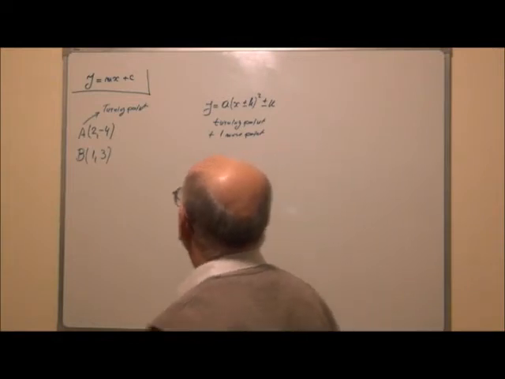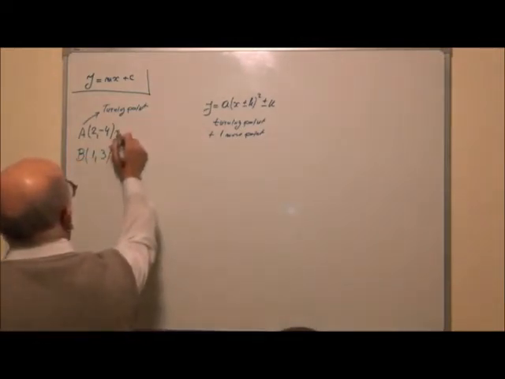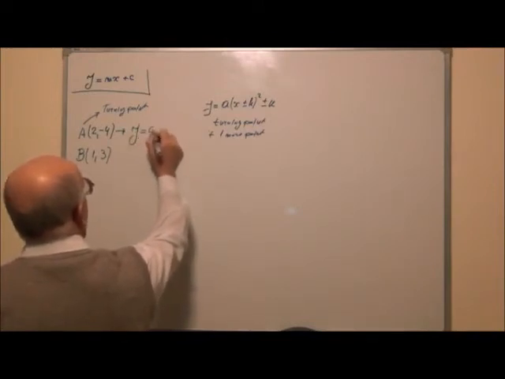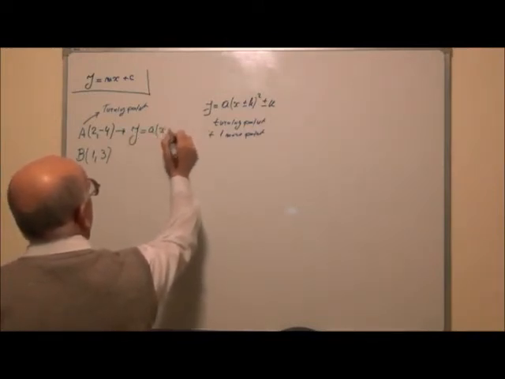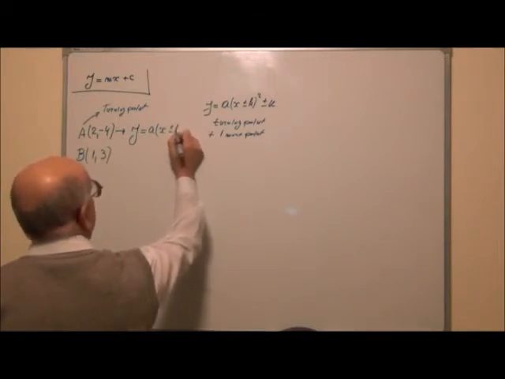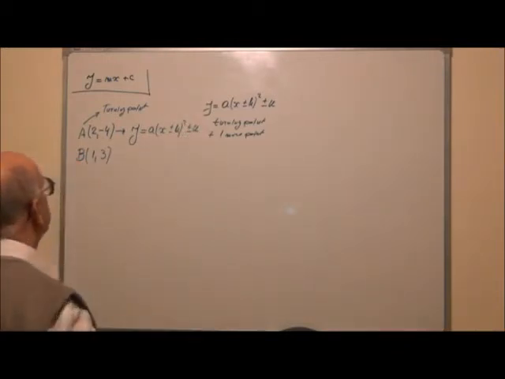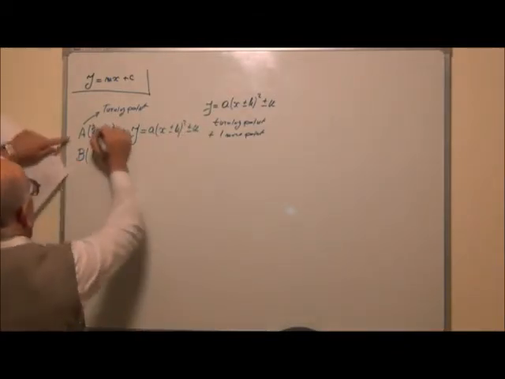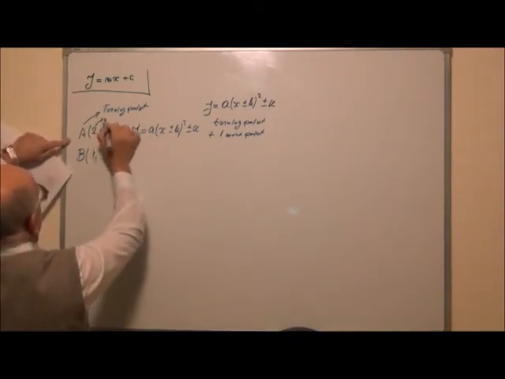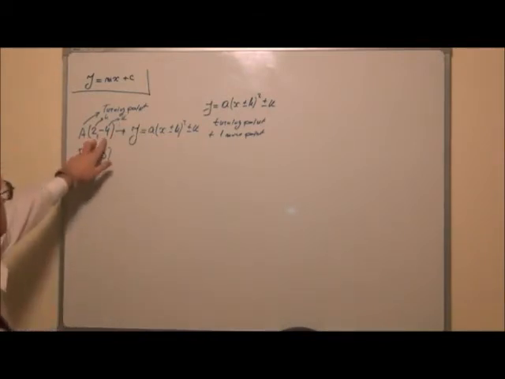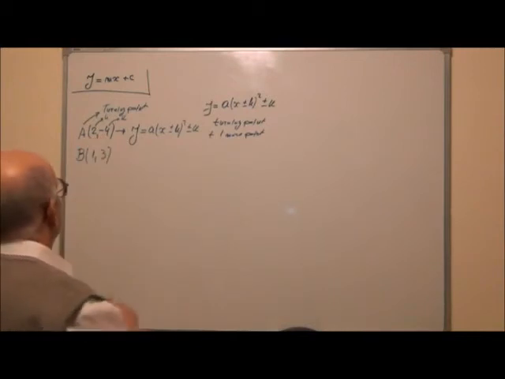So we substitute in y equals a(x plus or minus h) squared plus or minus k. So this is h and this number is k. This is the horizontal translation, this is the vertical translation.